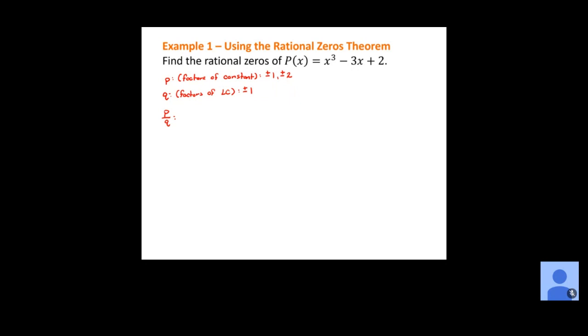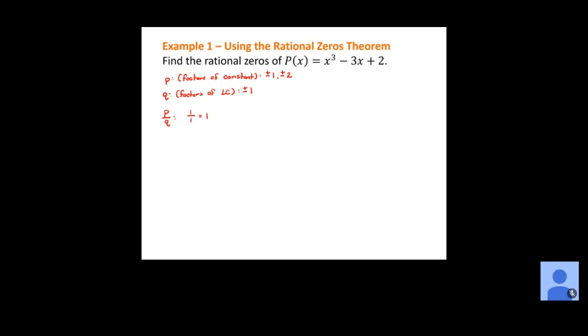Okay. All right, so now if we divide P by Q, again, we're dividing every single P value by every single Q value. I'm going to do this first very meticulously, going through one by one, and then I'll show you there's a little shortcut where it doesn't take so long. In this case, I have a +1 and I have a +1, so one of my possibilities would be 1 divided by 1. That would give me 1.